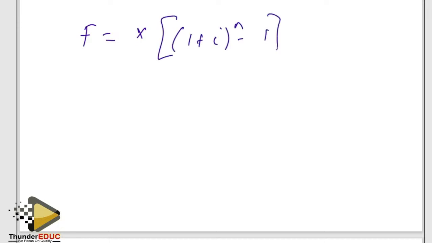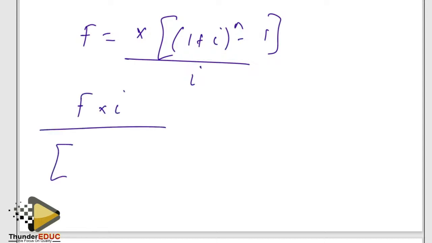Since it is a deposit saving, we're going to use the future value. From the future value formula, we're saying F equals x into 1 plus i to the exponent of n minus 1, over i. So x is going to be F times i over this whole thing, 1 plus i to the n minus 1.